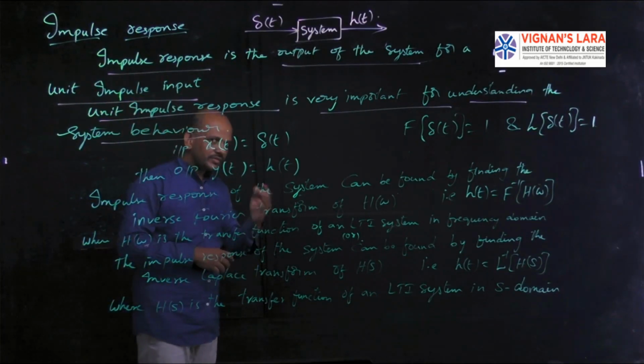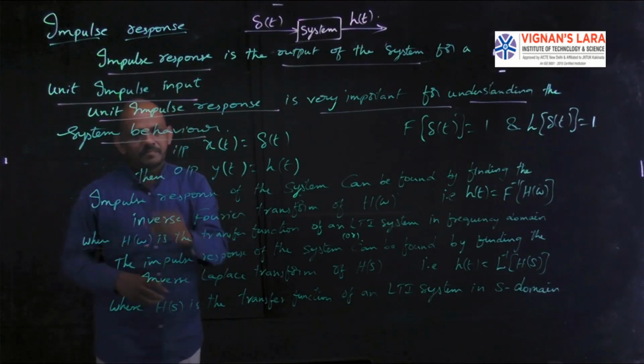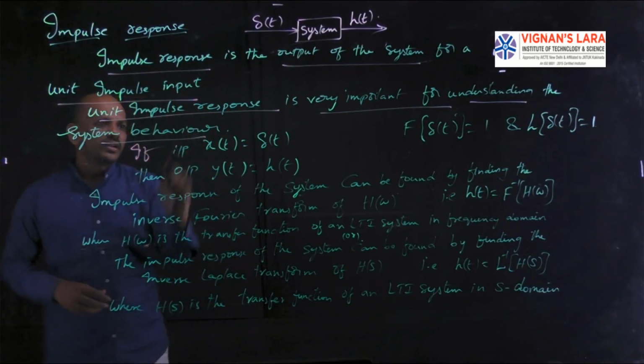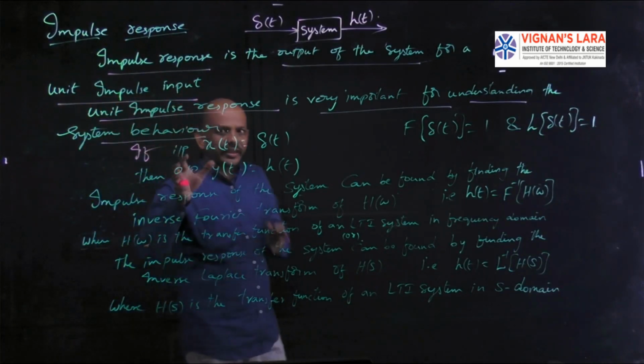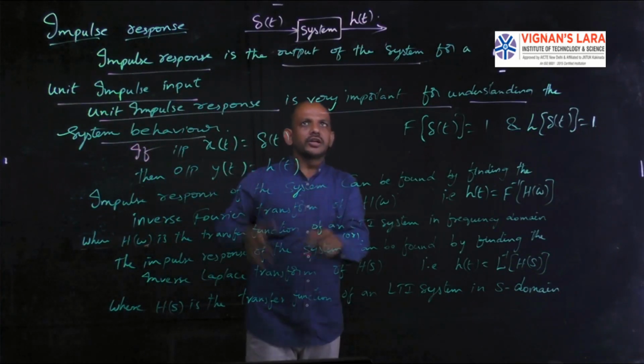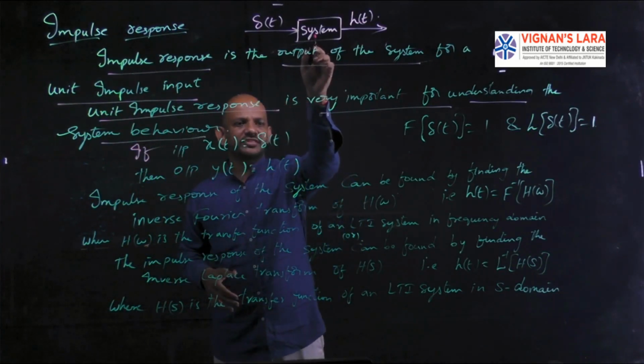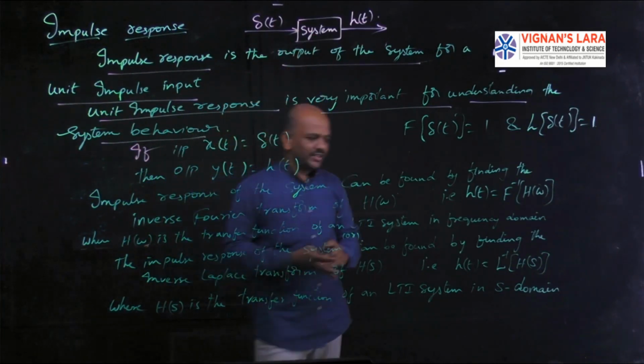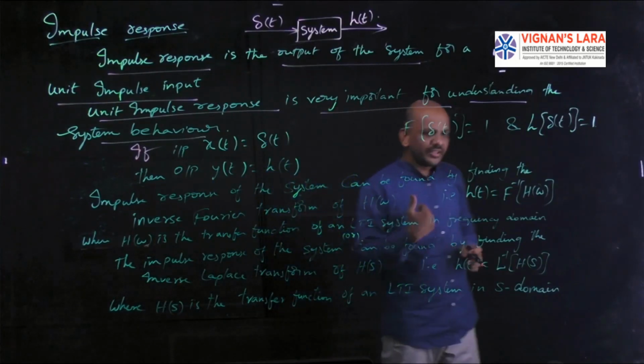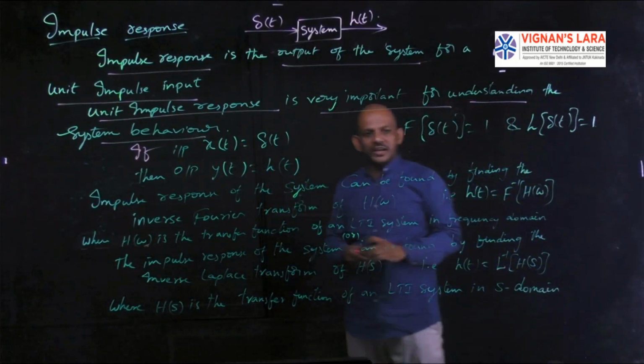Okay, let us consider the input to the system is del of t. Generally we will consider the input as x of t and the output as y of t.